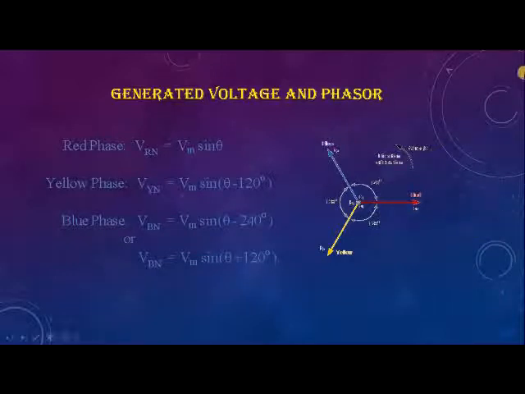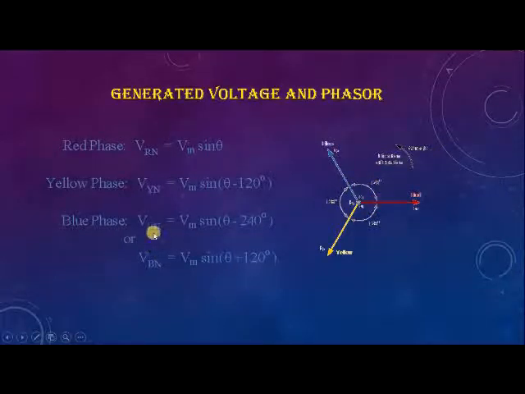Or in other ways, if you measure the angle of blue phase in anti-clockwise direction, it will be 120 degree from the red. Anti-clockwise angle measurement is taken as positive. So instead of writing Vm sin omega t minus 240, we can write Vm sin omega t plus 120 also.